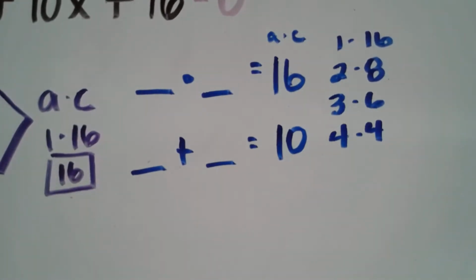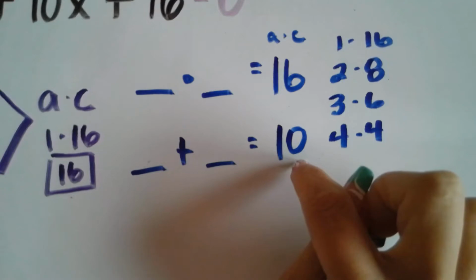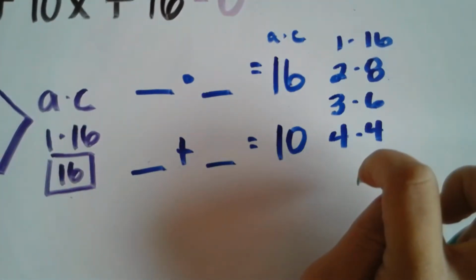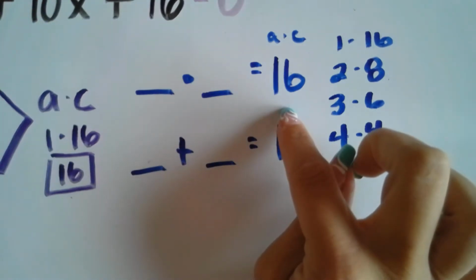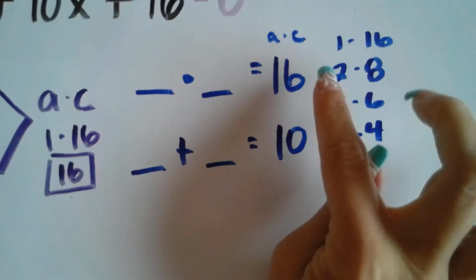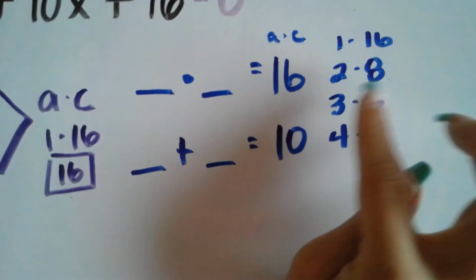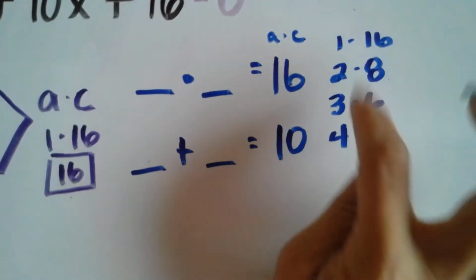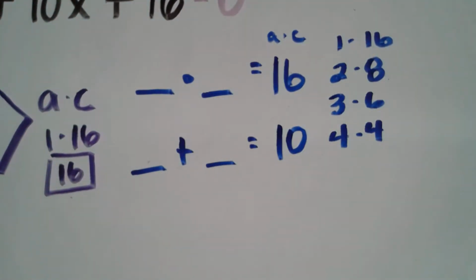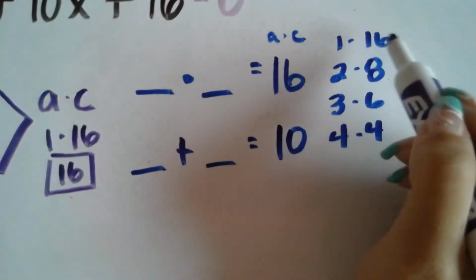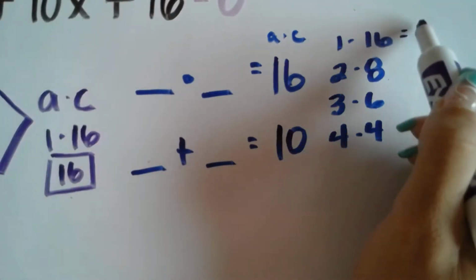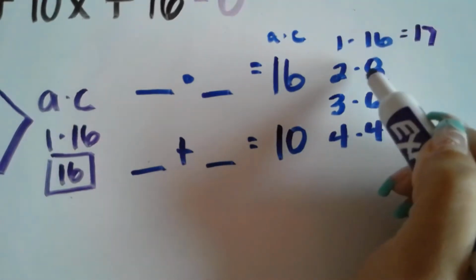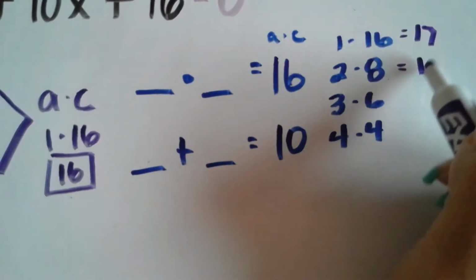Now, let's determine which ones can add to a positive 10. So we know these two numbers have to multiply to positive 16, so being positive and positive works, and they have to add to 10. So let's figure it out. We're going to leave them all positive. So 1 plus 16 would be 17. 2 plus 8 is actually 10.